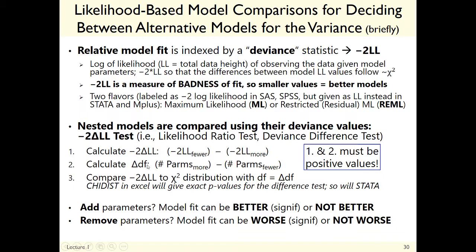You then calculate the difference in the number of parameters that you had to spend to get that level of fit, which is known as degrees of freedom. And you compare that difference in minus 2 log likelihood to a chi-square with degrees of freedom equal to that difference in number of parameters.